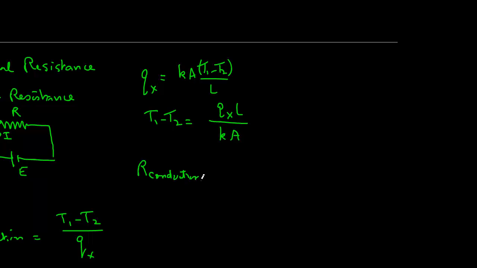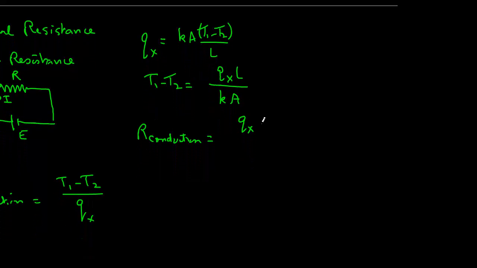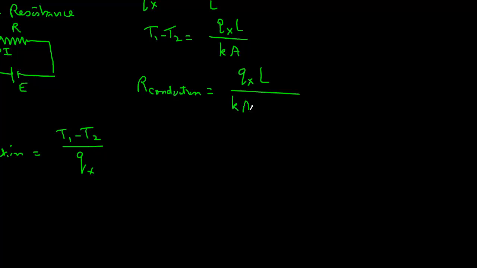And if we go ahead now and substitute for T1 minus T2 in our expression for the thermal resistance, we will have QxL divided by kA, and then Qx left over from the other expression. So in this case now, Qx and Qx will cancel out, and we will have L over kA. So the thermal resistance is, under steady state conditions, equal to L over kA.